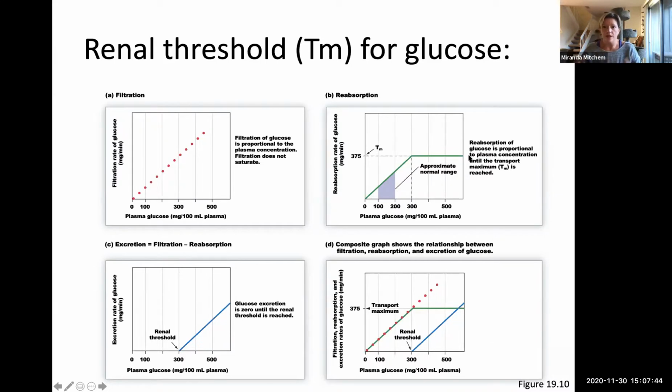And at that point, over 300, the glucose would be present in the urine. So this purple range is our normal physiological range for glucose. And you can see that under homeostasis in our normal physiology, we are able to recover more than our normal physiological range.